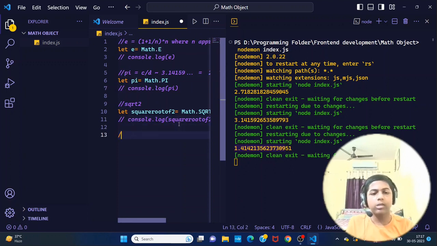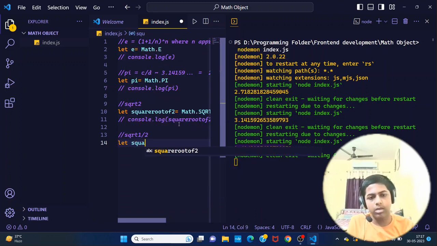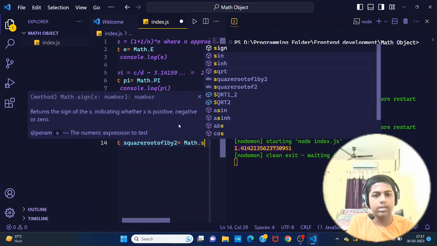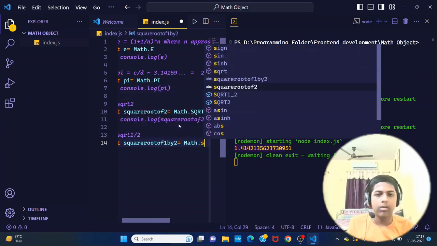And what about the square root of 1 over 2? That's 0.707, right? Let's say square root of 1 over 2 is equal to Math.sqrt of 1 by 2.